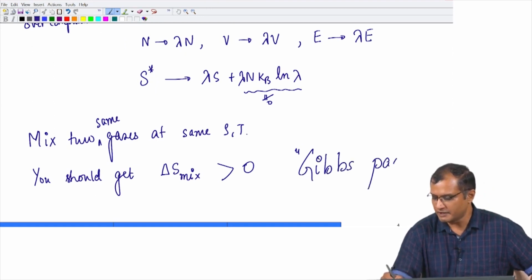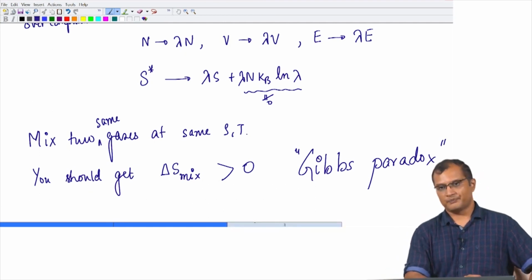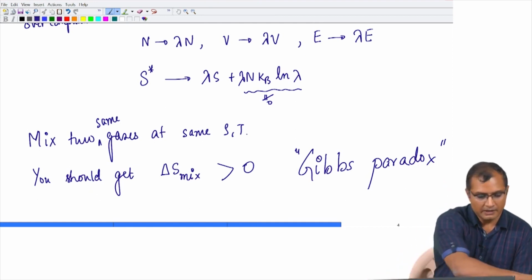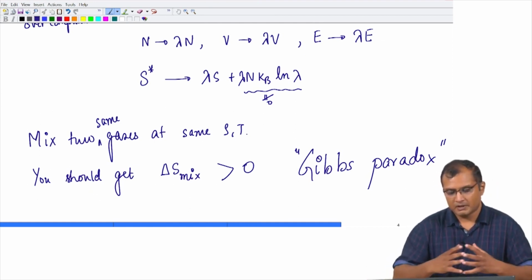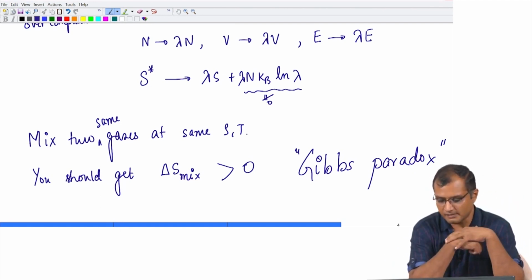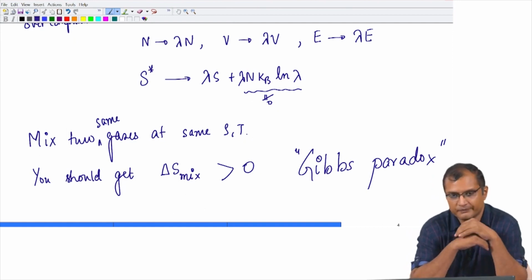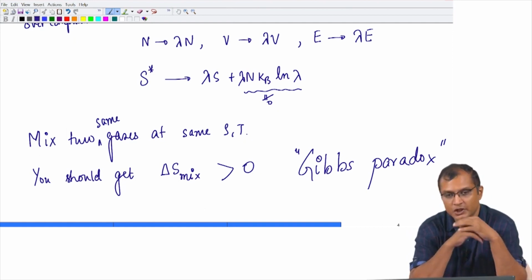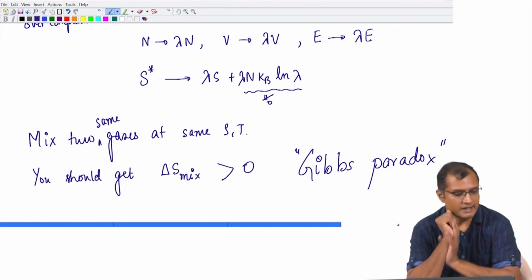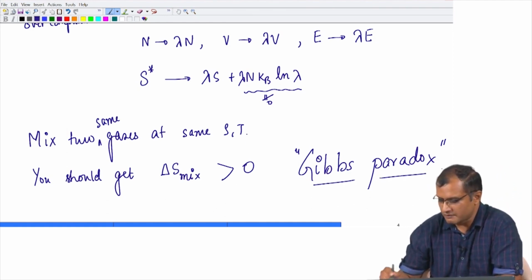A little while ago when we did this calculation, we saw that the entropy change is 0, but if you do this calculation at home at temperature and density which are same on both sides, and you mix 2 same gases, when you do the calculation in the same spirit like we did just a few minutes ago, you will find that the entropy of mixing comes out to be positive, and that is completely wrong, because it should not be positive, it should be 0.